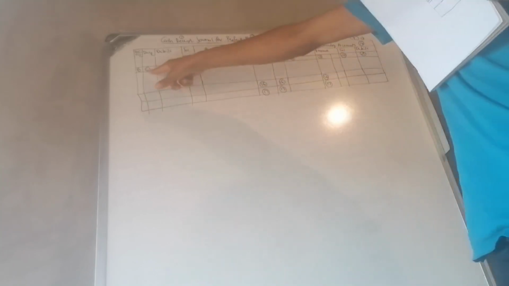All right. And then number 5, the number of the source document used. So this is the source, the number of the source document used. And then number 6 here is the date when the cash was received. And then number 7, who paid the cash to the business.